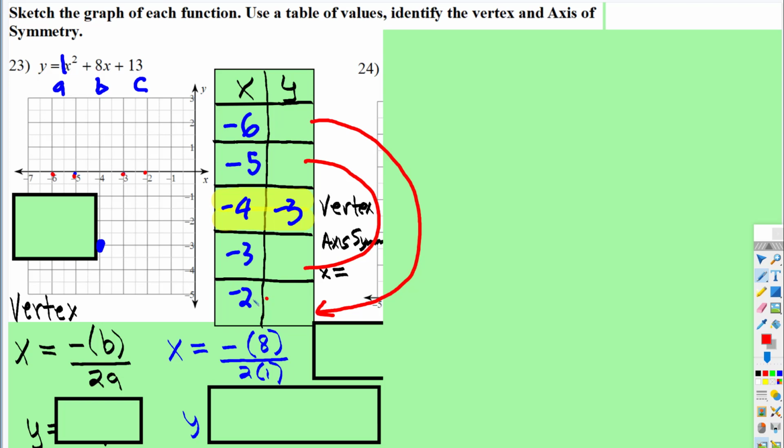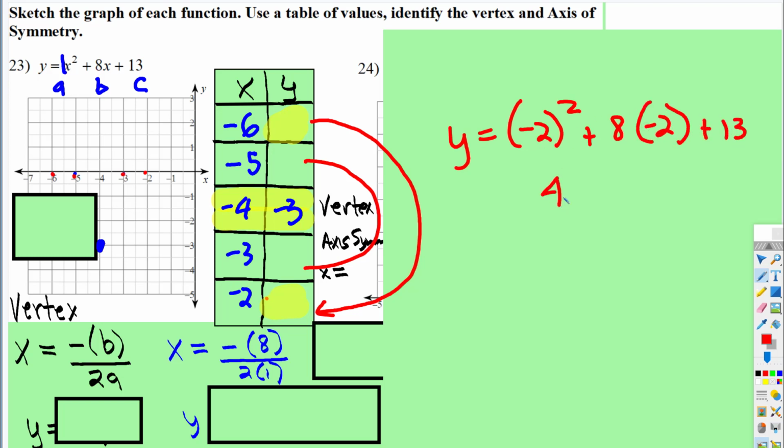Because it's symmetrical, you really only have to plug in 2 of these x values. When you plug in negative 2 into this equation, that answer will be the same for that. So we can say y is equal to negative 2 squared plus 8 times negative 2 plus 13. Negative 2 squared is 4. 8 times negative 2 is negative 16. 4 subtract 16 is negative 12.